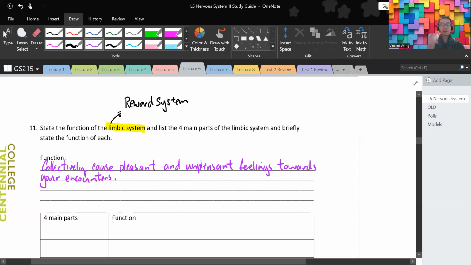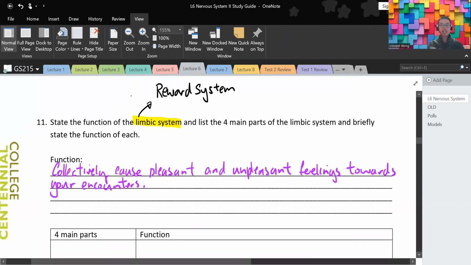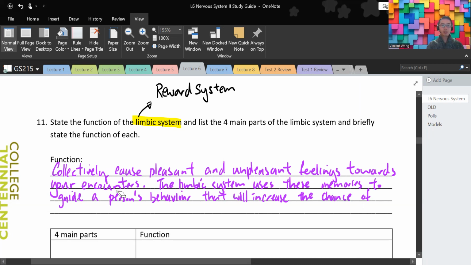So things that make you feel good, things that make you feel not so good, all that stuff will be kind of stored in the limbic system, and the limbic system uses these memories to guide a person's behavior that will increase the chance of survival.